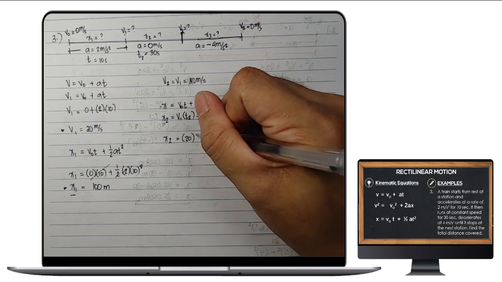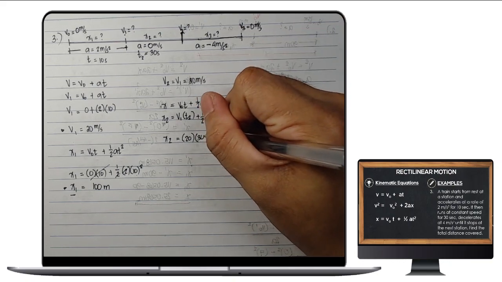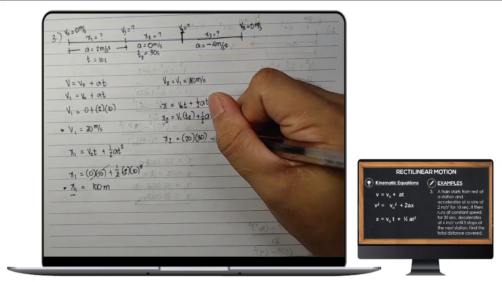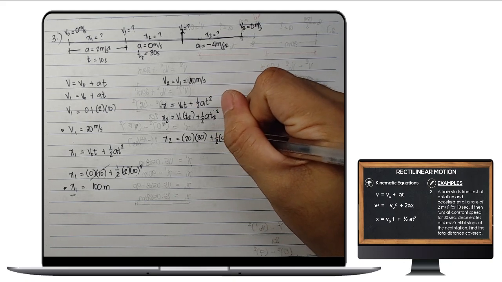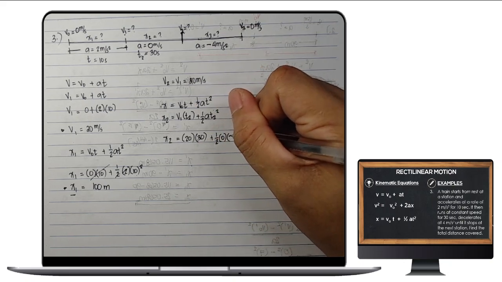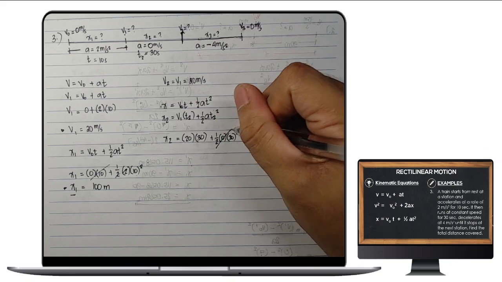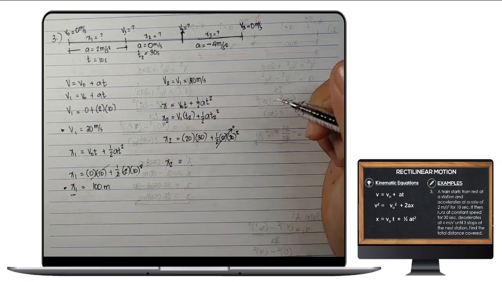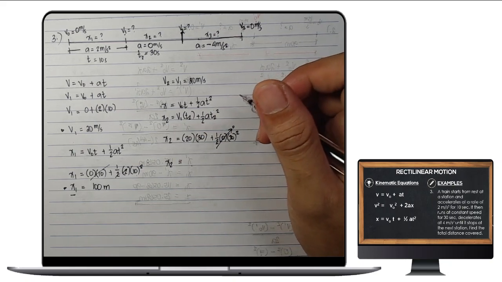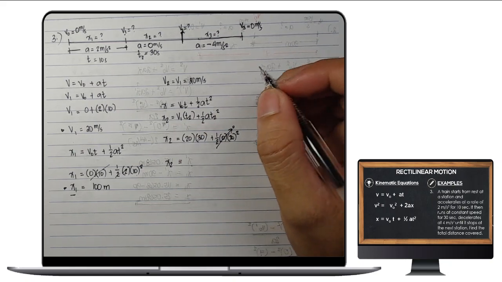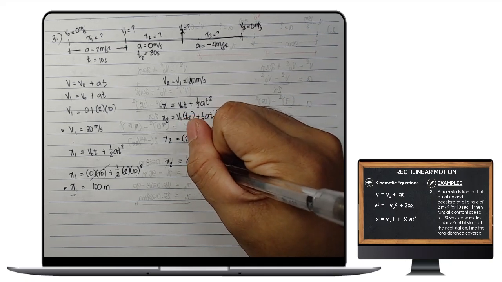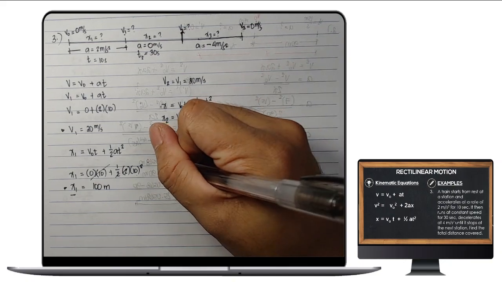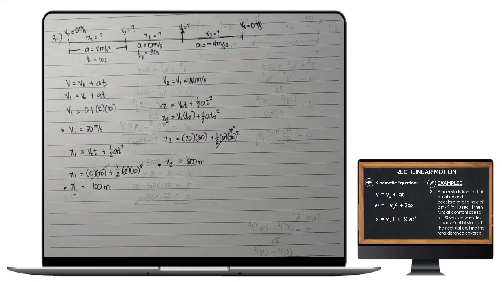Then, time natin is 30, diba? So, 20 times 30, then plus 1/2. Take note that the acceleration is 0, so yung time natin is 30 squared, so this will be cancelled out. So, x sub 2 natin is simply 30 times 20. So, that is 600. So, we have 600 meters here for our x sub 2.